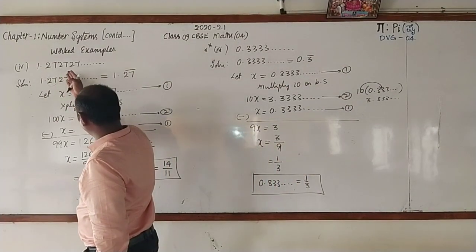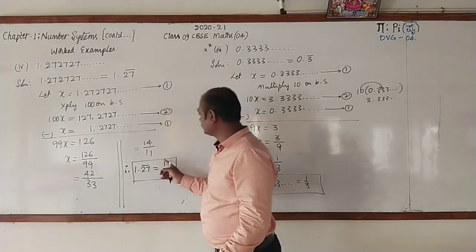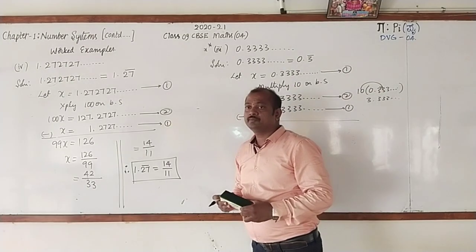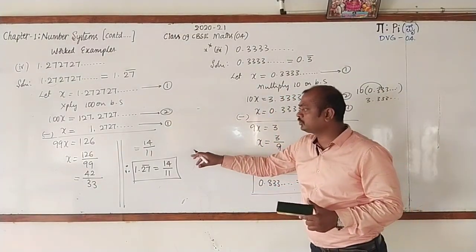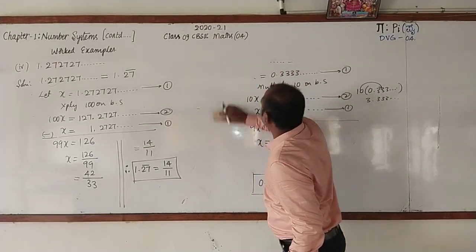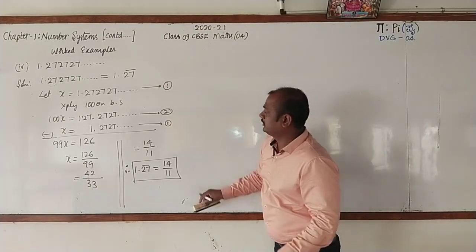Here 1.27 is 14 by 11. Let me tell you how to write this in another form. Just observe here.